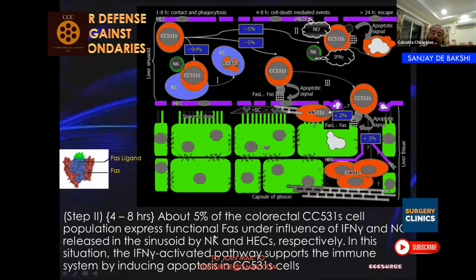So about 5%, remember that 10% was left over, 5% of colorectal cells population express functional FAS under the influence of IFN gamma and nitrous oxide released in the sinusoids by natural killer cells and by the hepatic endothelial cells respectively. In this situation, the IFN gamma activated pathway supports the immune system by inducing apoptosis in the cancer cells.